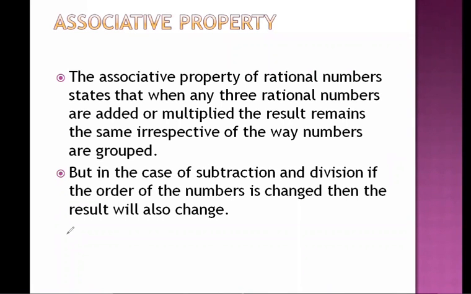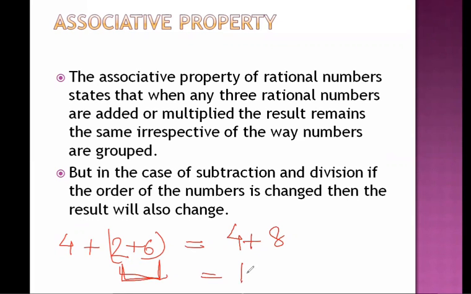Like if I have the numbers 4 plus 2 plus 6, my answer would be, if I group these two numbers, that is 2 and 6, 4 plus 8, that is 12.